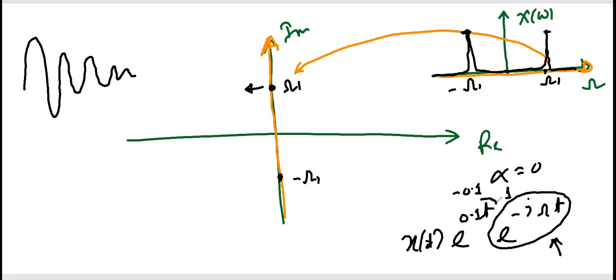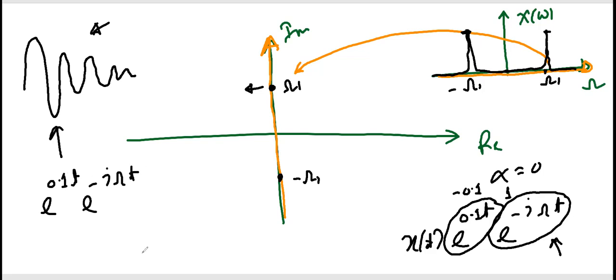And now you are multiplying e to the power 0.1 t with that signal. So it should look like this. This signal is nothing but e to the power 0.1 t into e to the power minus j omega t. This omega shows the frequency, and this alpha shows how fast it will change the amplitude.